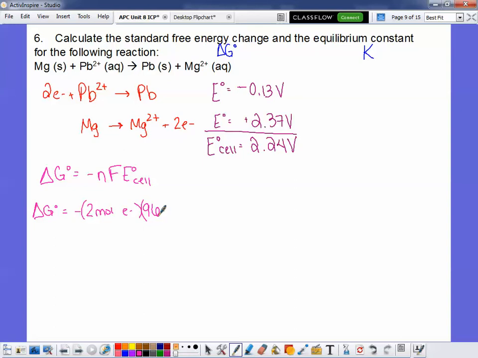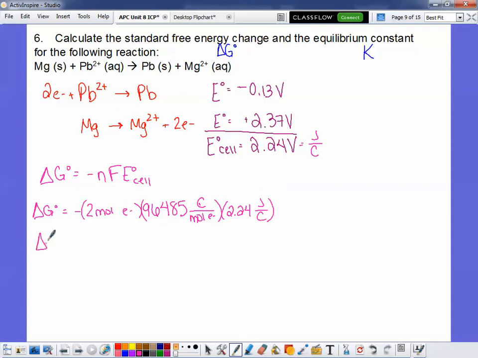Okay, 96485 is on your formula sheet, and that is coulombs per mole of electron. And then E is 2.24 volts. A volt is the same as a joule per coulomb. So that's why we can use this, because moles of electrons are going to cancel, coulombs are going to cancel, and we're going to be left with joules, which is the unit for delta G.